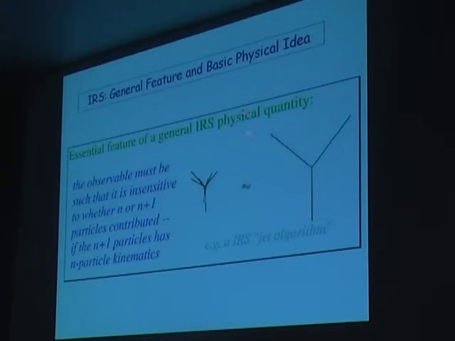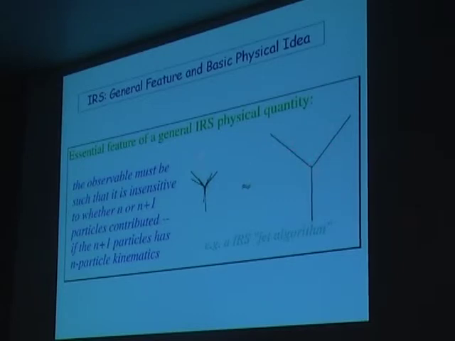Infrared safe quantities are typically those where, by the definition of that variable, the calculated result is insensitive to whether you are calculating the n particle final state or n plus 1 final state, as long as the n plus 1 final state is in a configuration which collapses into a simpler kinematics.